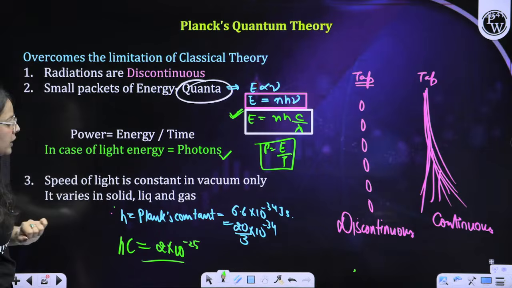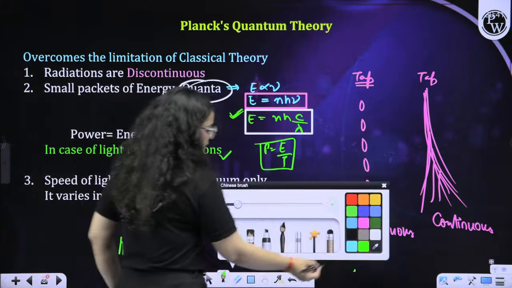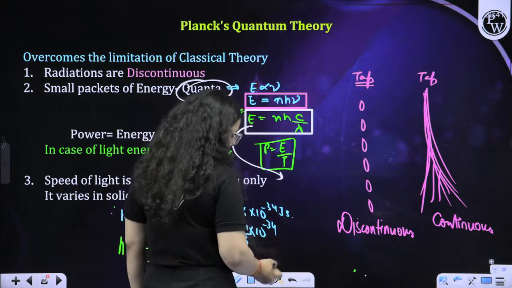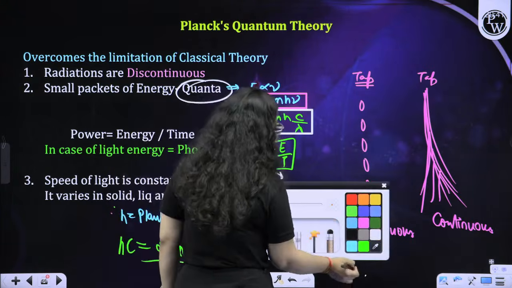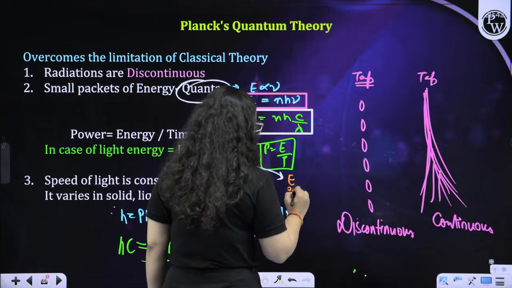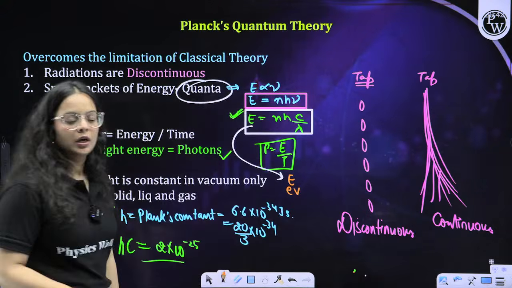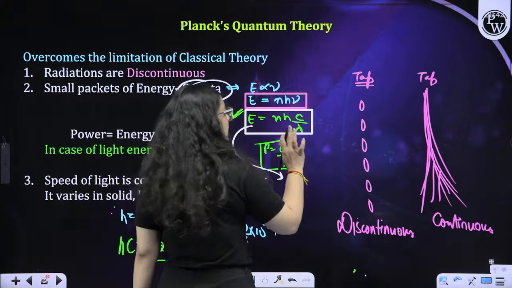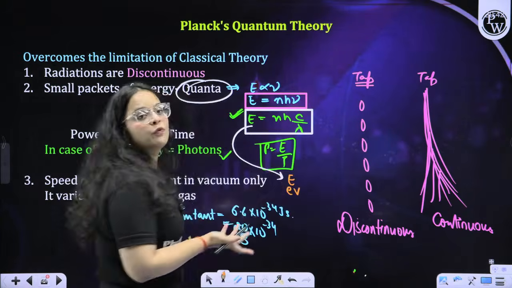Okay, one more thing about this concept only. If I use this energy formula, multiple times in questions you are asked for the energy in electron volt units, and lambda given to you is in angstrom, say.